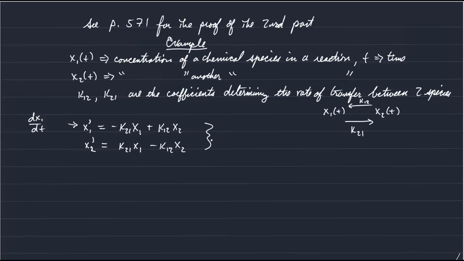And this describes a system of coupled ordinary differential equations where the vector x prime is equal to A times x, where A is the coefficient matrix describing these coefficients for the rates of transfer.